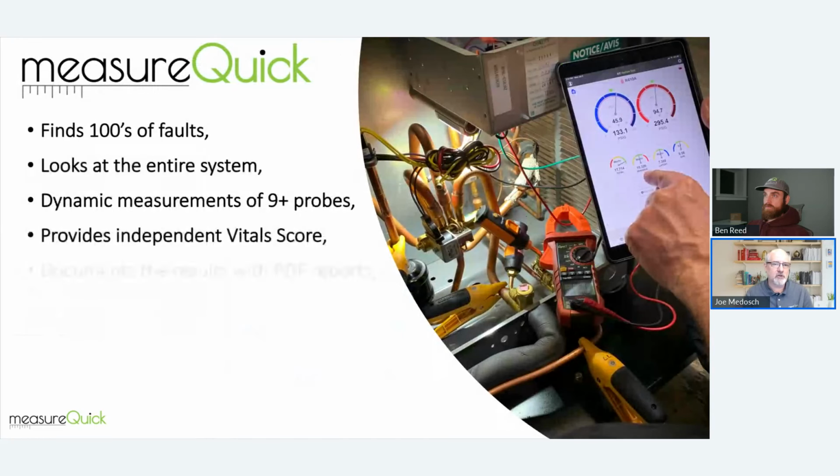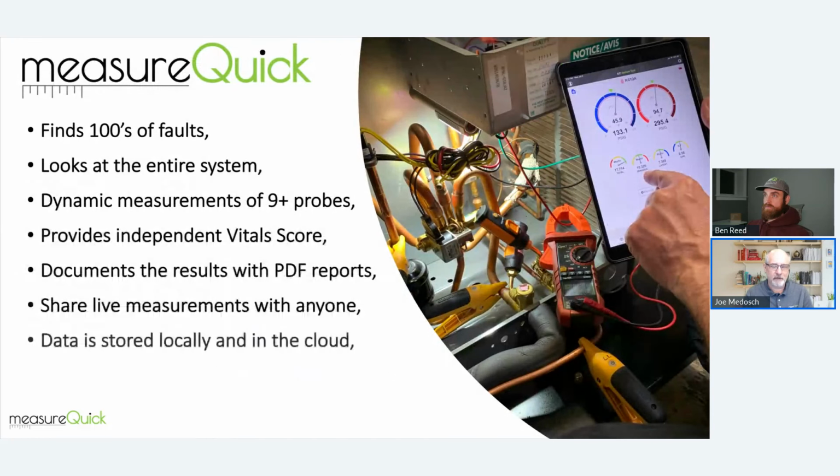So I'll give a brief measureQuick overview: we find hundreds of faults. In fact, we're constantly adding faults that technicians send to us saying, hey, these are some of my measurements, or I'm finding these faults. How can measureQuick help me figure this out? So there's a lot of things that we do here. I'll demonstrate the 9 probes and how dynamic they are in terms of what's happening. And I'll go through a lot of the types of reports that we generate and sharing live information with folks.